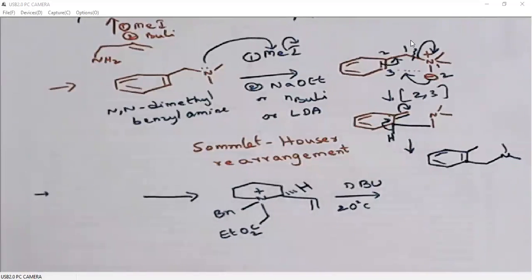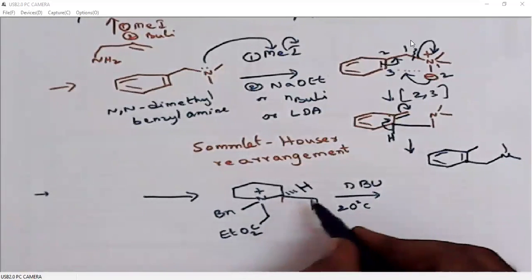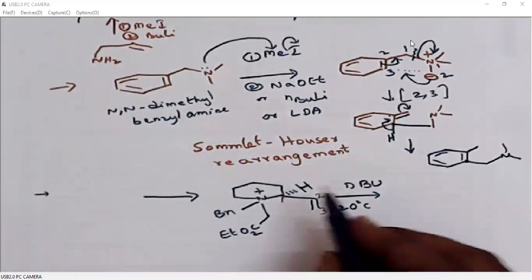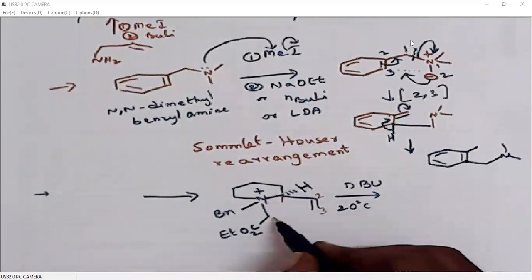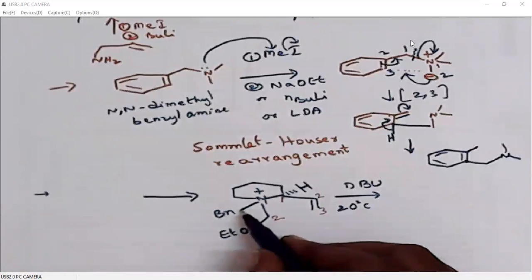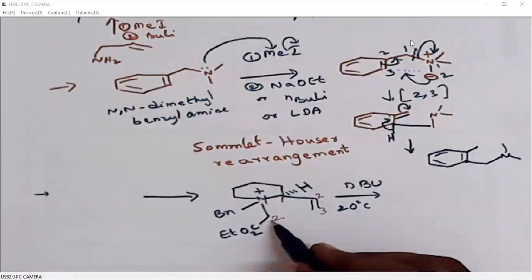So we need to give the numbering like this: 1, 2, 3. Then nitrogen becomes 1. Next carbon. In the benzylic carbon also we have benzyl, but here also we have a carbon.